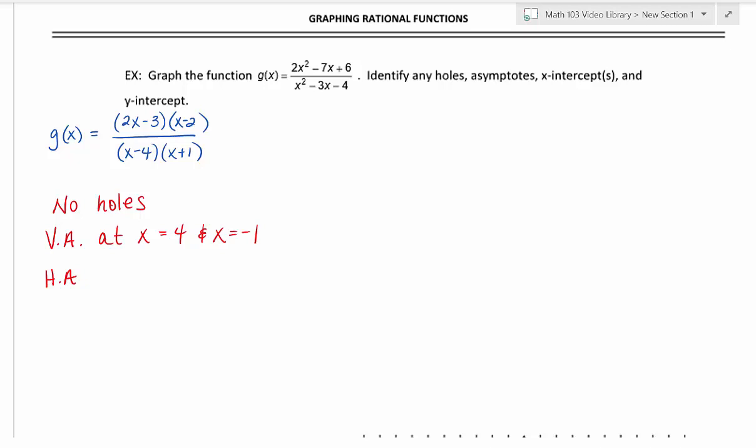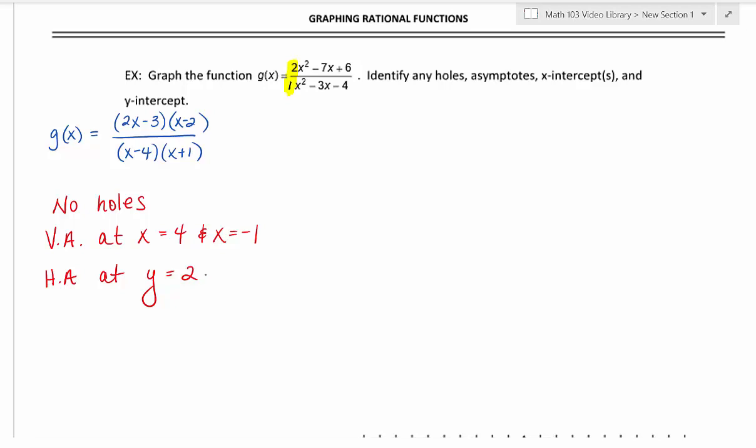When that happens, we have a horizontal asymptote at the ratio of the leading coefficients. We got a little invisible 1 here. So the ratio of our leading coefficients is 2 over 1, or just 2. So that's a horizontal asymptote at y equals 2.